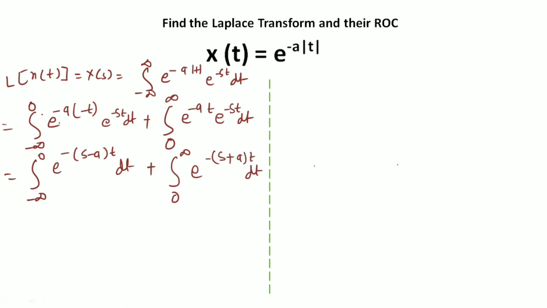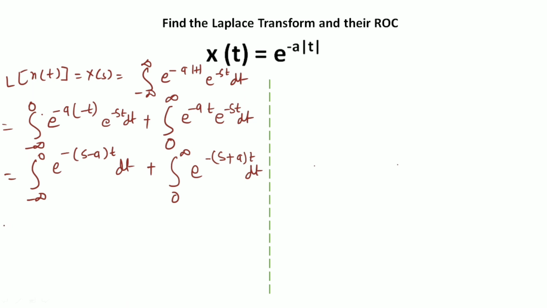What I have done here is, we are multiplying the minus, so we have at, and here minus st, and we want a positive coefficient of s, so we have taken minus as common here.